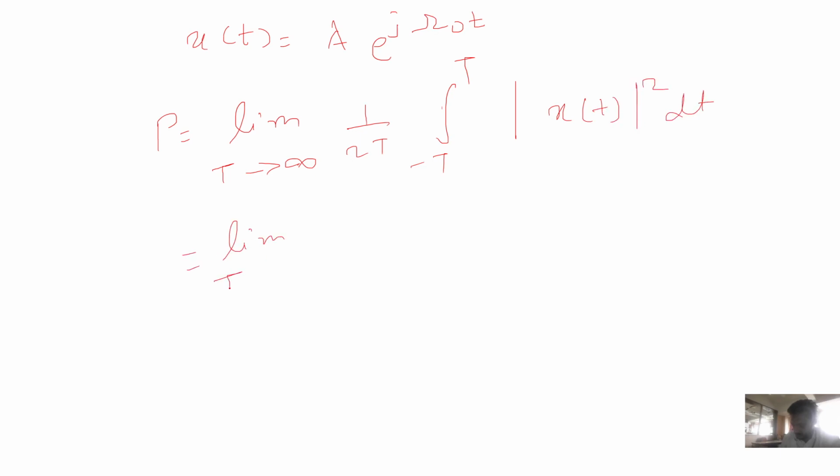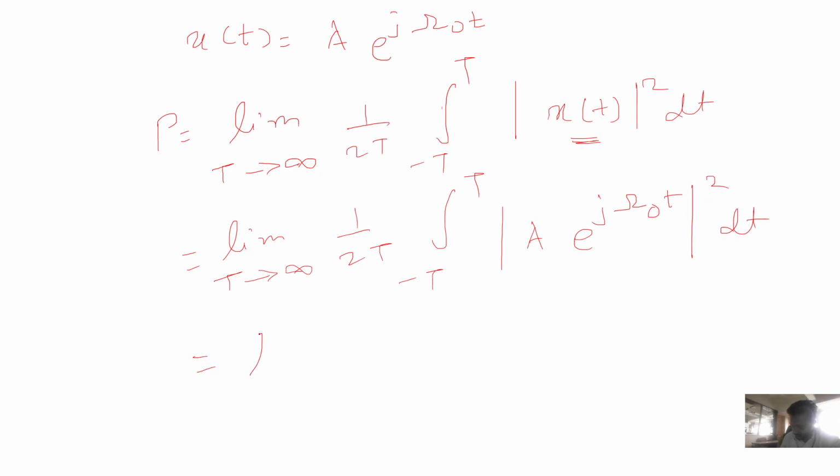I am going to just replace the value of x of t, so mod of a e raised to j omega 0 t its square dt.